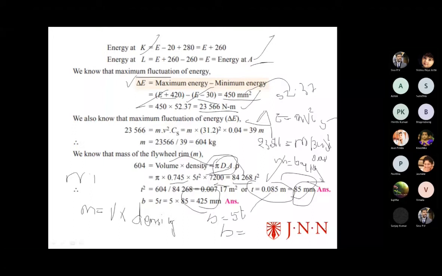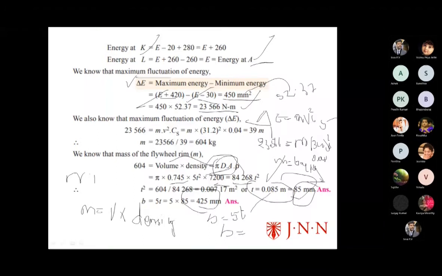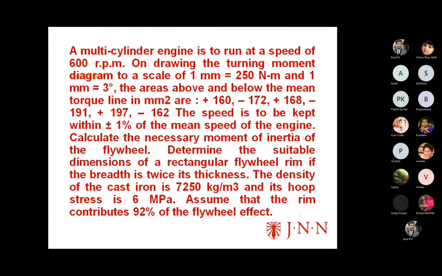Next, fluctuation of energy, maximum fluctuation of energy delta E, coefficient of fluctuation of speed Cs, fluctuation of energy equal to CE. So this is what we are going to find out. Clear? Anyone?